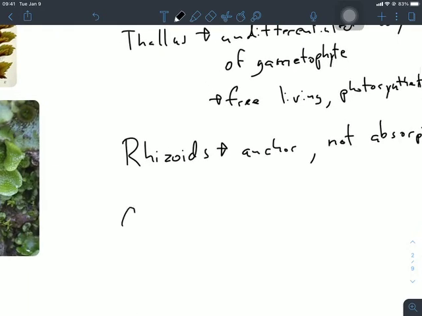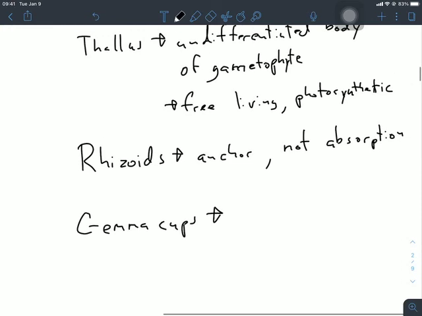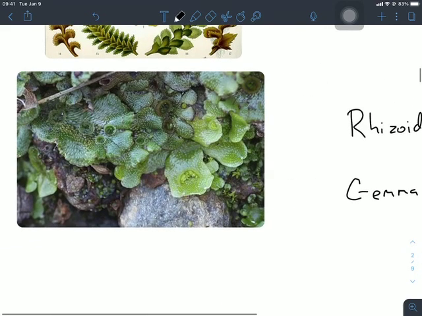Now, we'll also refer to gemma or gemma cups. These are cells that can make new individuals via asexual reproduction. You actually see some gemma cups present in this liverwort here, the little circle-shaped things.